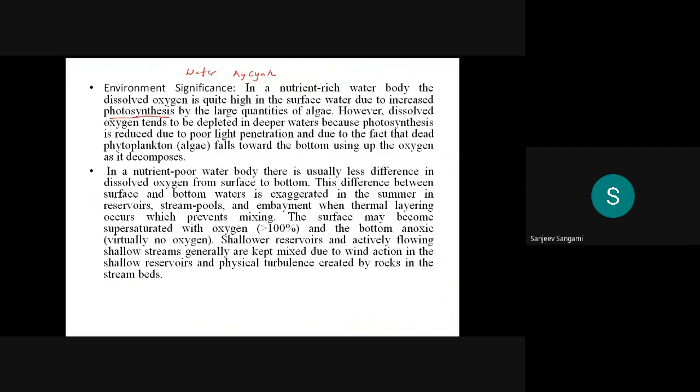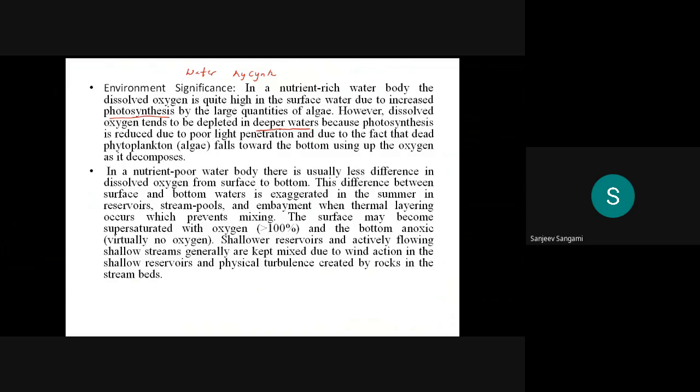However, some of the dissolved oxygen tends to deplete in the deeper waters. This is very important. You can ask me the other way. If we go into the deeper waters, the light will not penetrate to that much depth. Once the light does not penetrate, normally the photosynthesis will not happen.